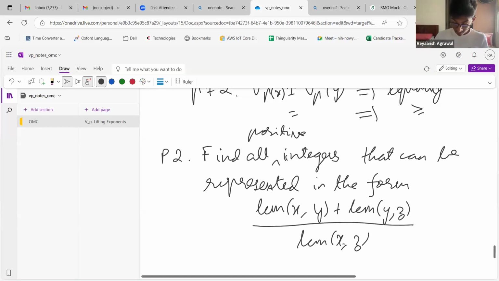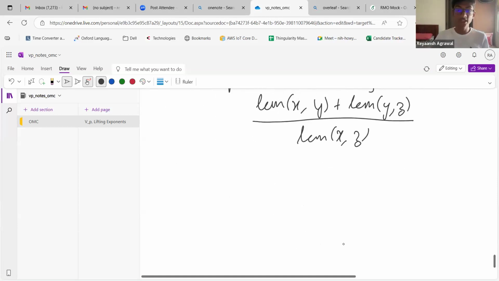In this problem, we're going to figure out what the vp of GCD and LCM are, and using that, we're going to solve this problem.